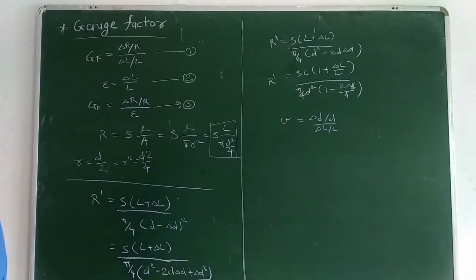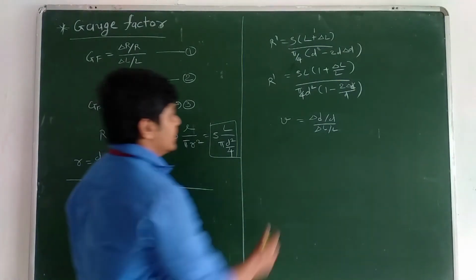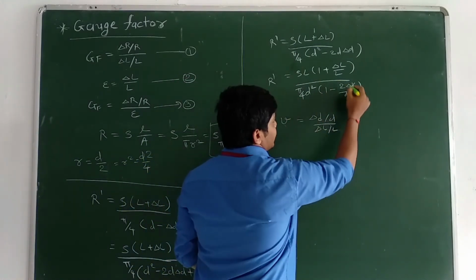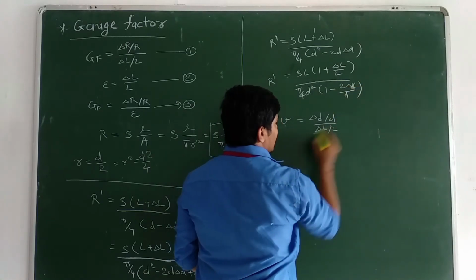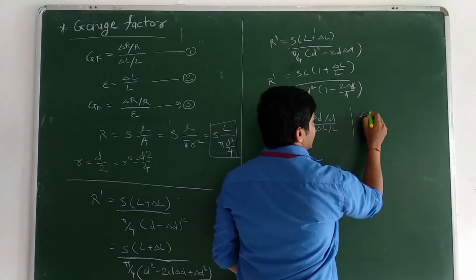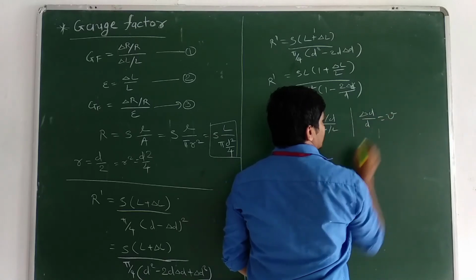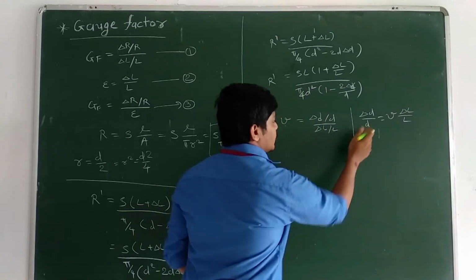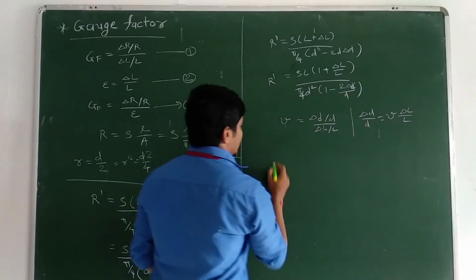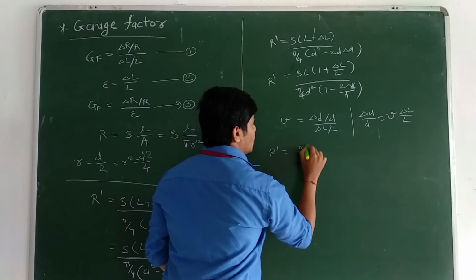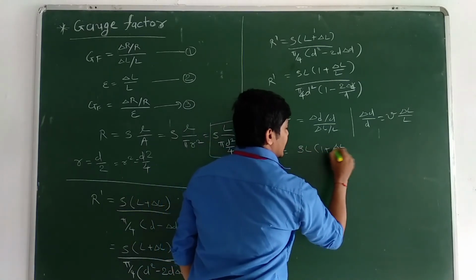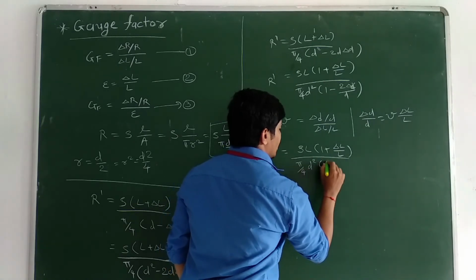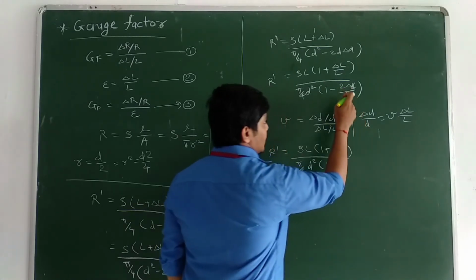Now, if we want to put the value of the Poisson's ratio inside this equation, putting the value of delta d by d, we can derive that delta d by d is equal to the Poisson's ratio, that is V, into delta L by L. So putting this value into the equation, we can get R dash is equal to rho L 1 plus delta L by L divided by pi by 4 d square 1 minus, now what is the value of delta d by d?